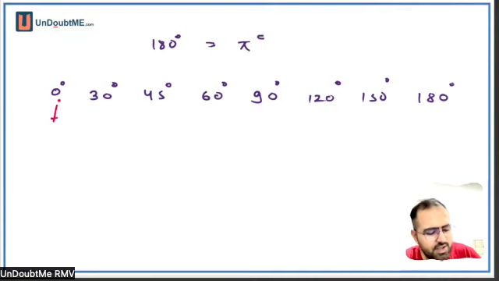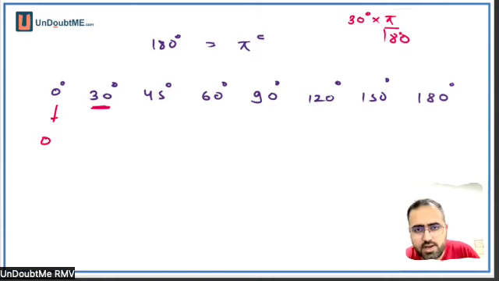Now 0 degree or 0 radian, they will be the same, so in radian also it will be 0. But if I need to get 30 degrees into radian, what should I do? 30 into pi by 180. That is how we need to convert. 30 into pi by 180 will be pi by 6.